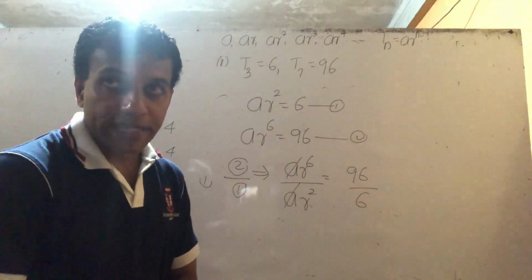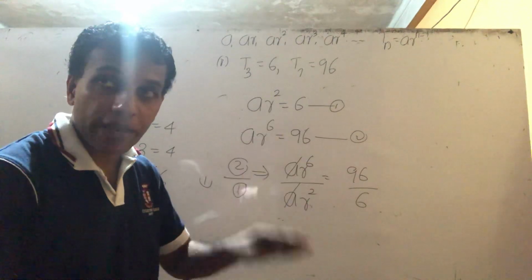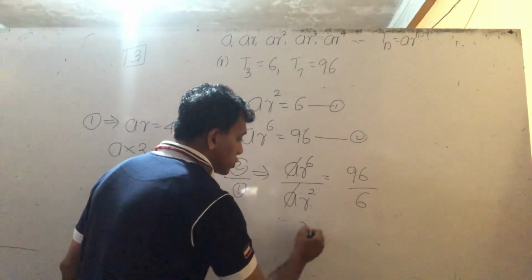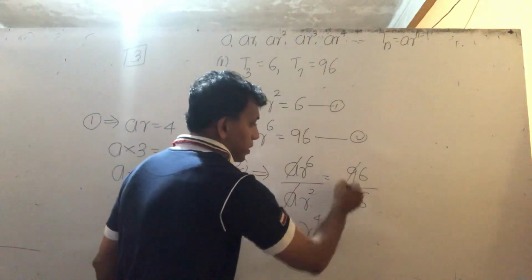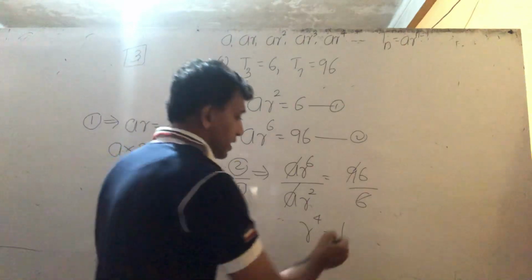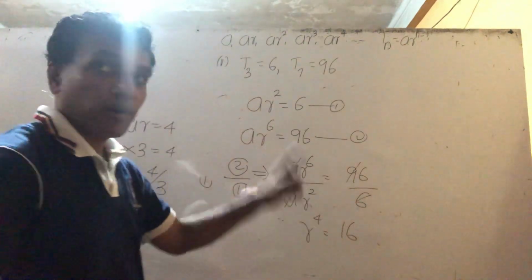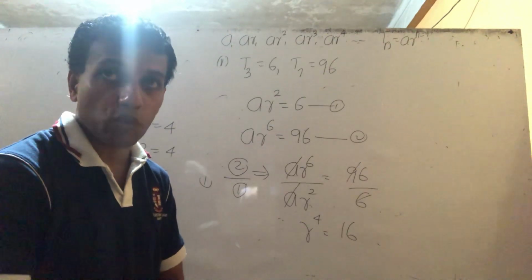You need the indices knowledge. When you divide, bases are same, so subtract the powers. R to the power 4. Here 96 divided by 6 is 16. That's why you already learned in the previous chapters in grade 11, indices equations.